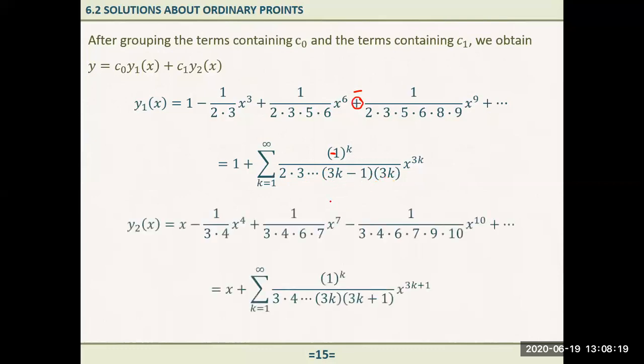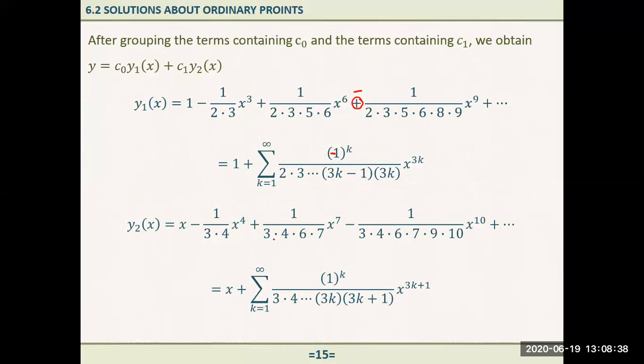Okay, and how about y sub 2? Again, we take this c sub 1 out, and inside we have these terms: x to the power 4, x to the power 7, x to the power 10, and so on.